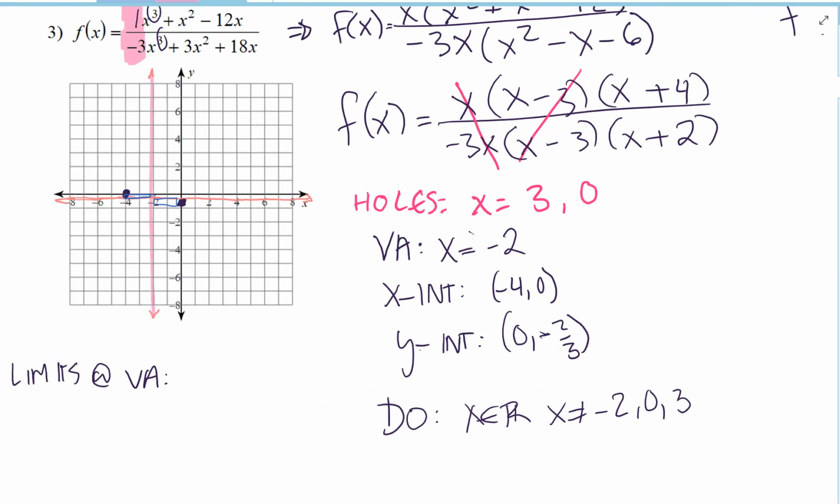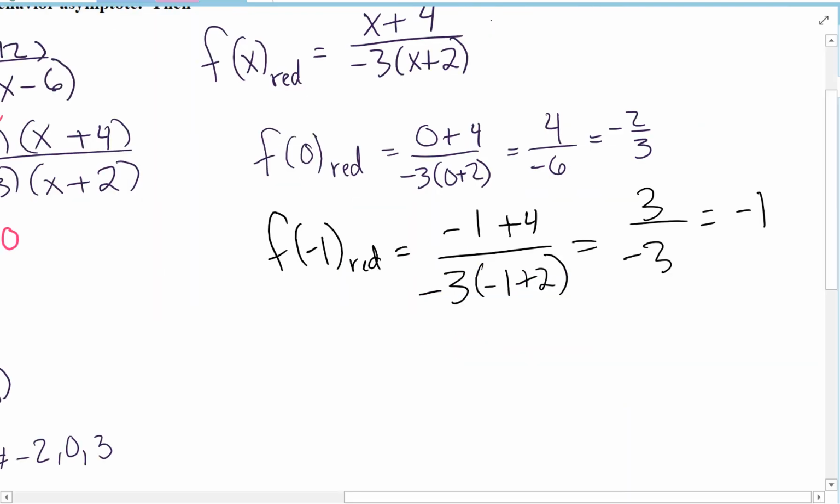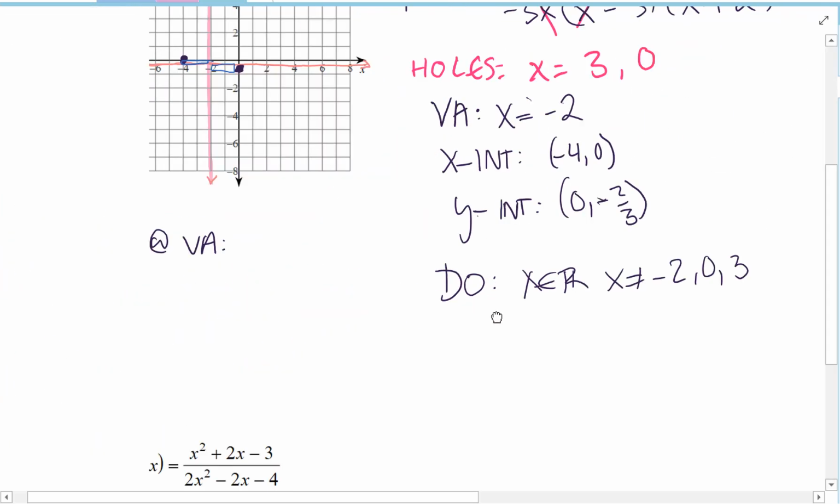Now I notice that these points are reflected, okay? They are the same distance from the intersection of the vertical and horizontal asymptotes. So I'm going to plug in -1, and that point should give me the y value for -3. That is a -1.